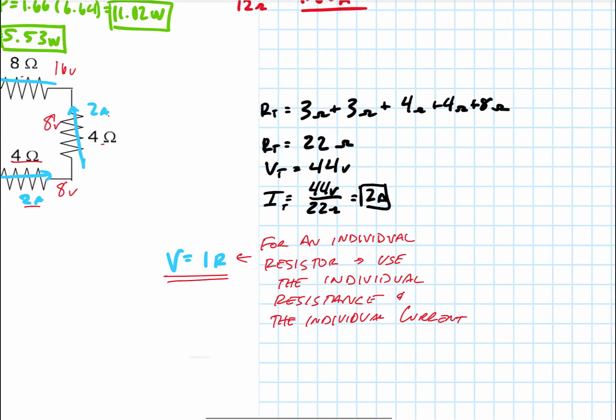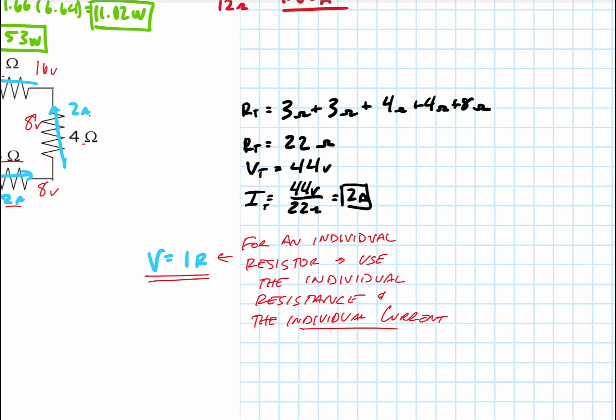And in most cases, you can only do the individual current once you find the total current.